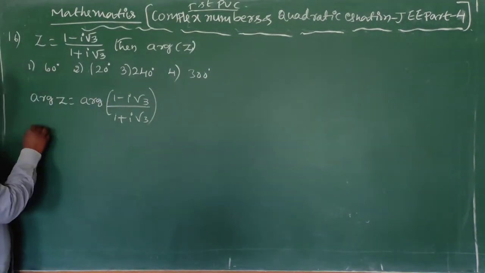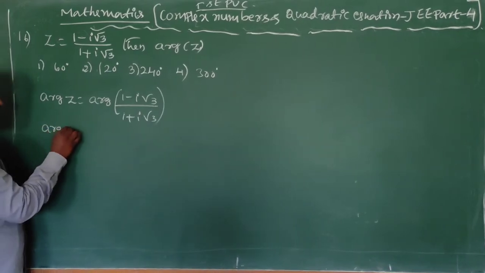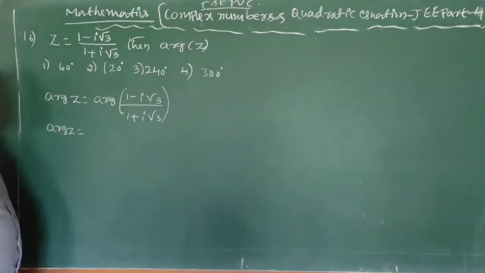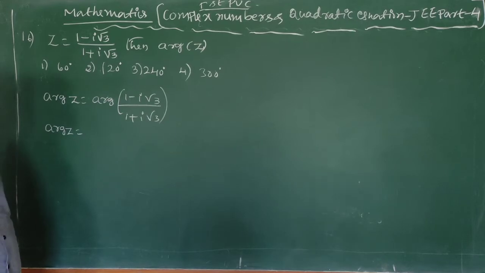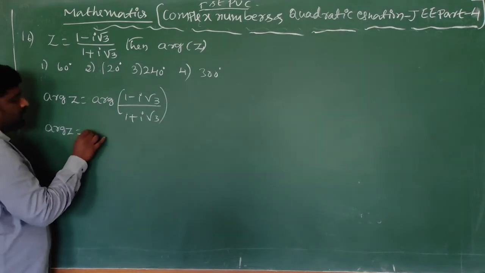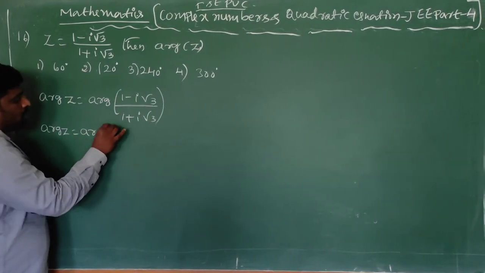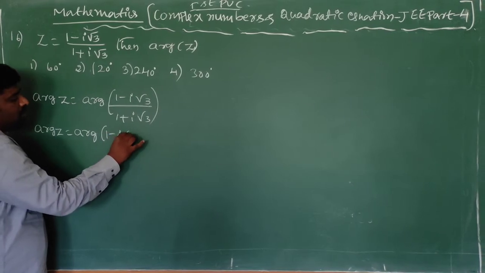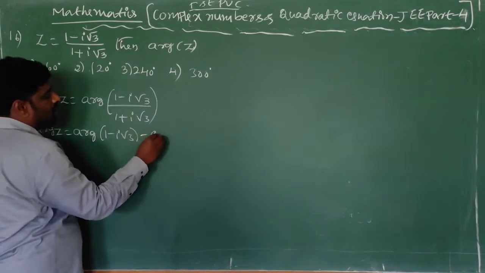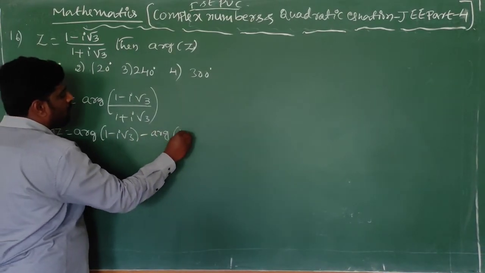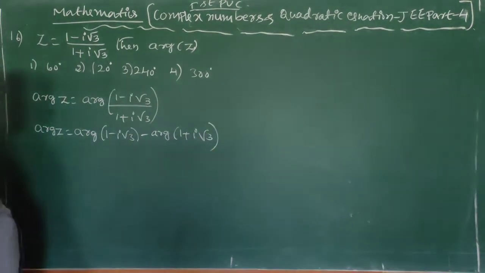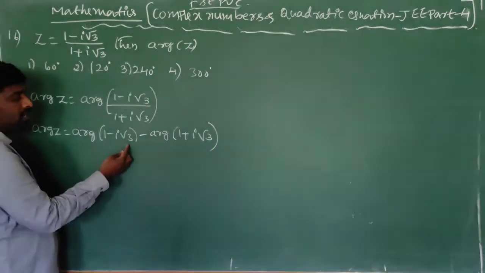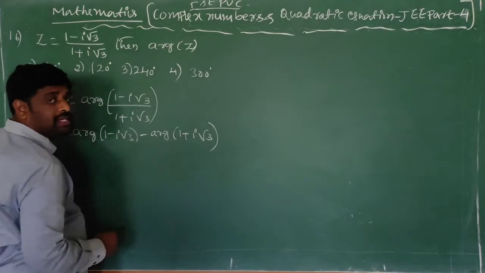Argument of Z is the same as argument or amplitude or angle, so the three meanings are the same. Argument of Z is equal to argument of (1 minus i root 3) minus argument of (1 plus i root 3). Now, it is of the form a minus ib, and this is of the form a plus ib.